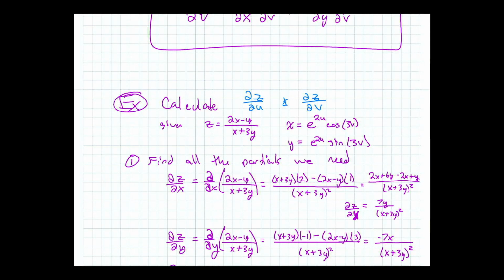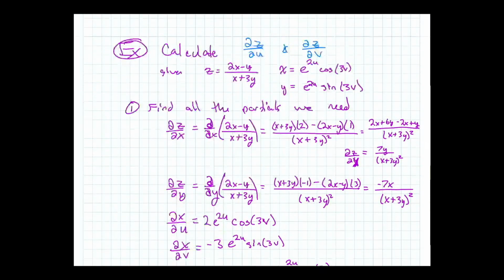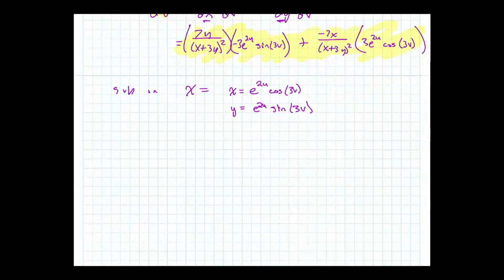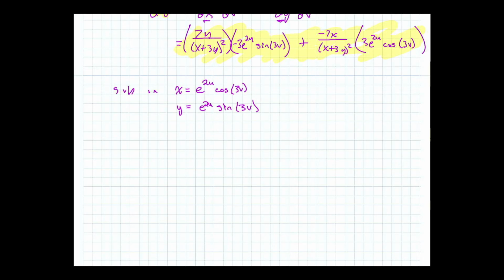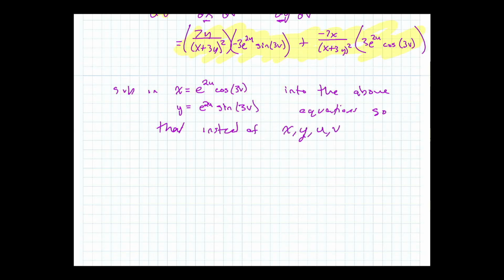Basically, you could take these two formulas and substitute these things into the above equations, so that instead of x, y, u, and v all together, you would only have u and v.